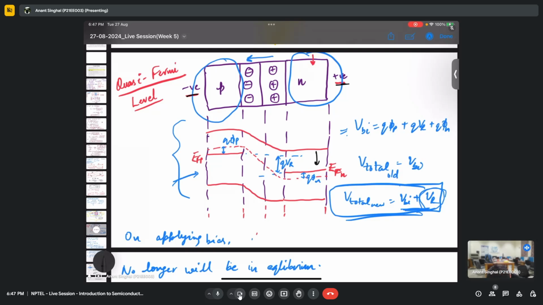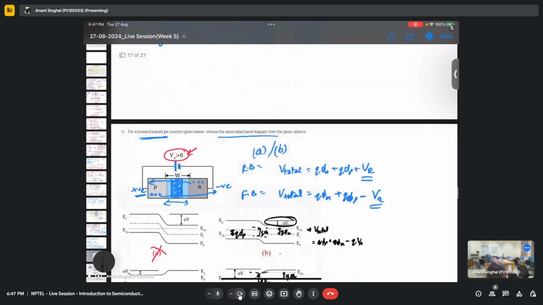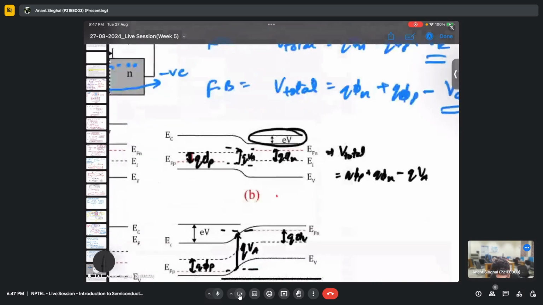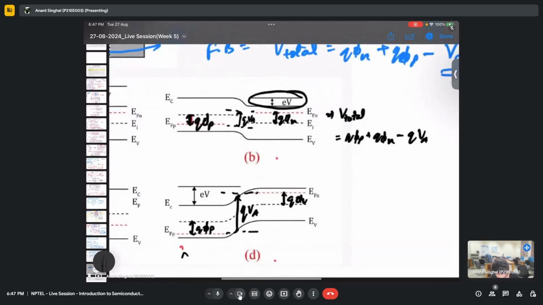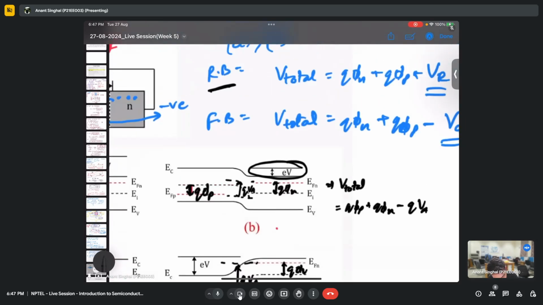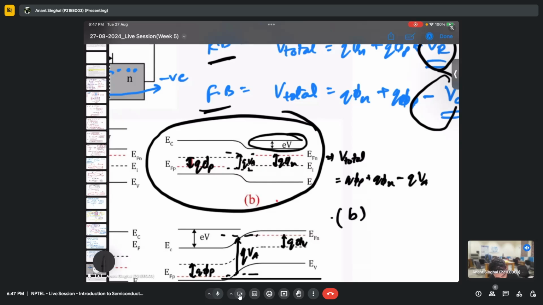You can say negative bias will have a higher potential. So it is true for both the cases, but you can see the difference in this and this. For the reverse bias, we will have a higher total voltage, which was plus VR, and for the forward bias, we'll have a lower voltage. So the difference will be lesser for a positive forward bias PN junction. So option B will be correct for this case.